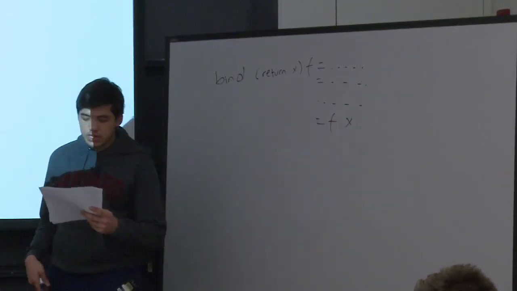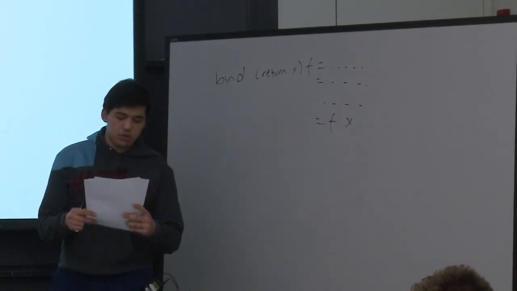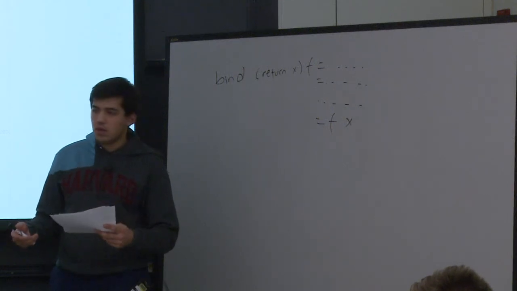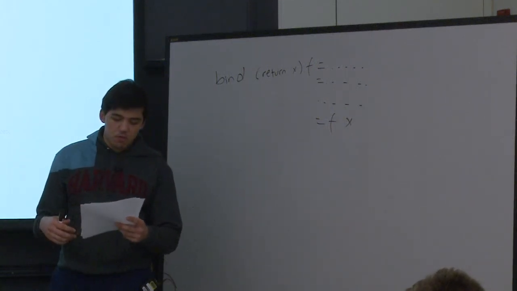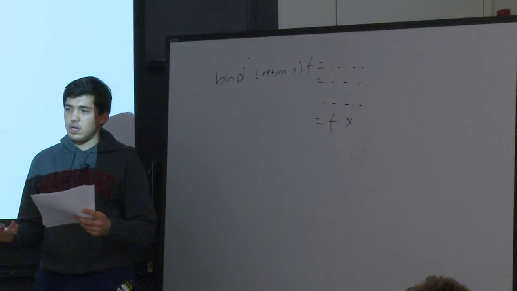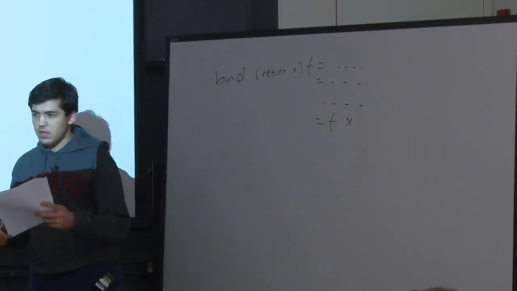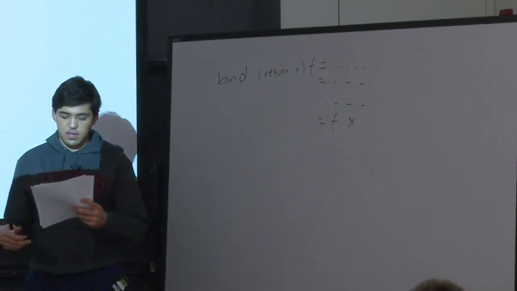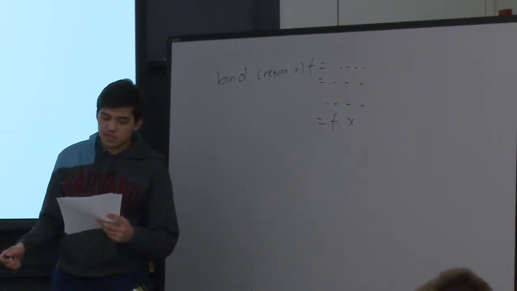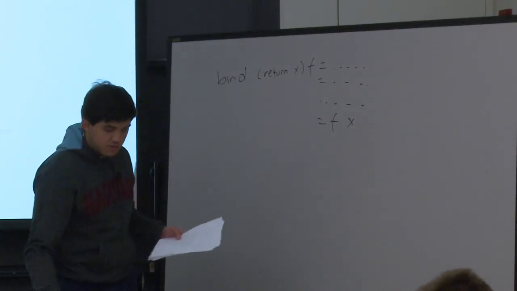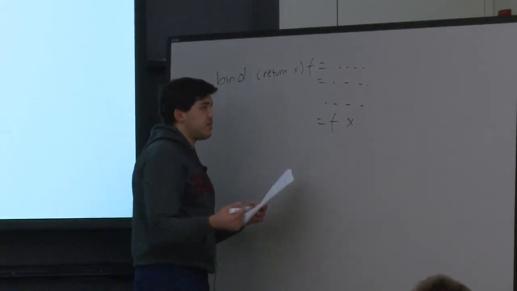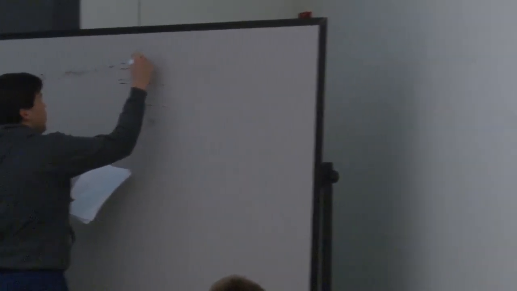So we can start this question. When you look at bind (return x) f, what is the first logical step that you would take from here? Instead of return x, write what return x does. What does it do? It's Writer (x, mempty). Exactly.